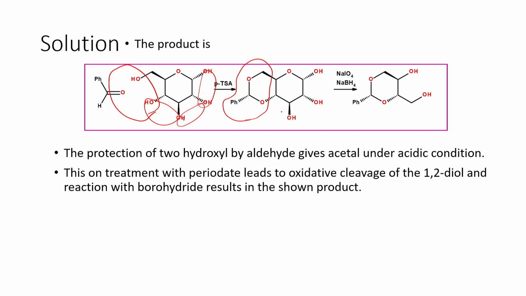The reaction of this triol with sodium periodate and sodium borohydride cleaves the compound into a hydroxy derivative and a carbonyl derivative. That carbonyl derivative, the aldehyde, undergoes reduction in the presence of sodium borohydride to give this particular final product. This way we can easily say what the final product will be in this sequence of reactions.